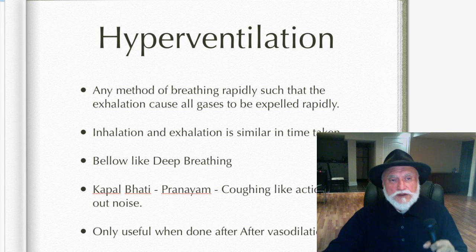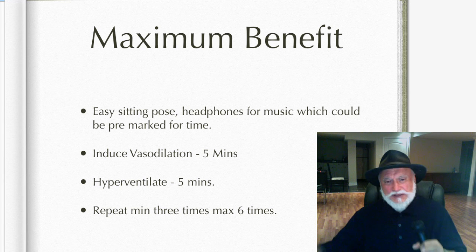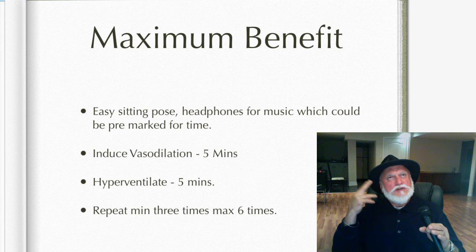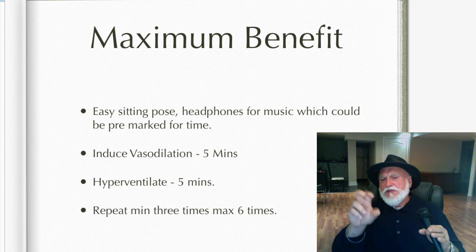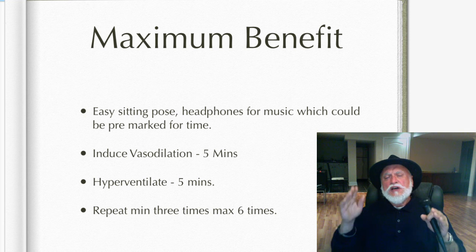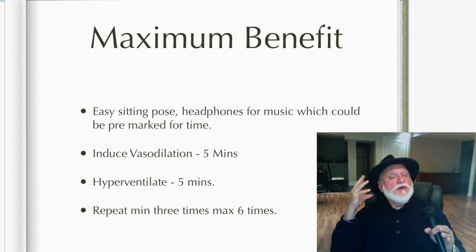Now, we come to the benefits. The best way to do all this is to sit in an easy pose. Put on headphones and some music. In fact, my favorite is this 5 minute, 5 minute, 5 minute, and all these timings. I don't want to open my eyes once I close my eyes, because I do meditation at the same time. So I close my eyes, I got my recordings on.